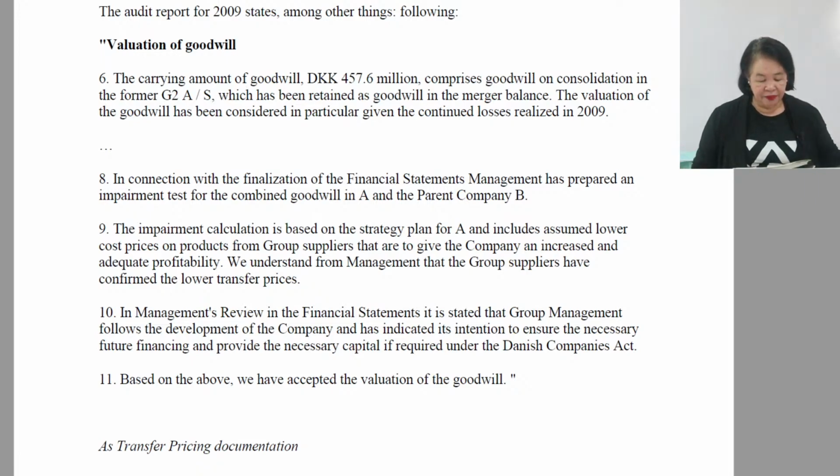In management review in the financial statements, it is stated that group management followed the development of the company and has indicated its intention to ensure the necessary future financing and provided necessary capital. Okay.